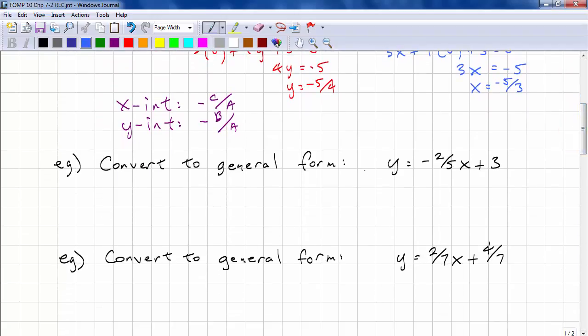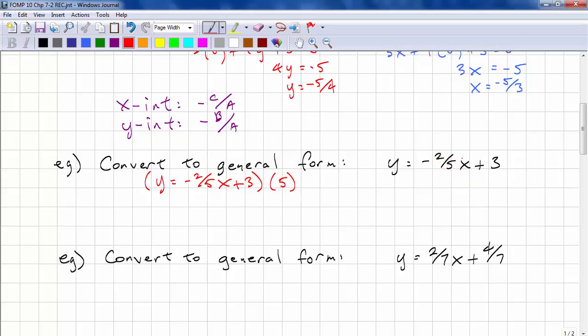Okay, we also have to solve problems where we're converting to general form. So we have slope-intercept form. We need to convert it to general form. So we take y equals negative 2 over 5x plus 3, and we want to multiply the whole thing by 5.